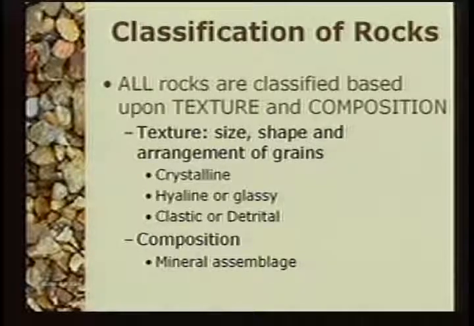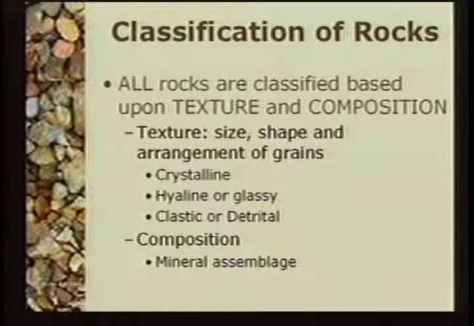Those are texture and composition. The texture of the rock describes the size, the shape, and the arrangement of the grains, crystals, or pieces within the rock. The composition tells us what minerals or what molecules, what type of material is present.